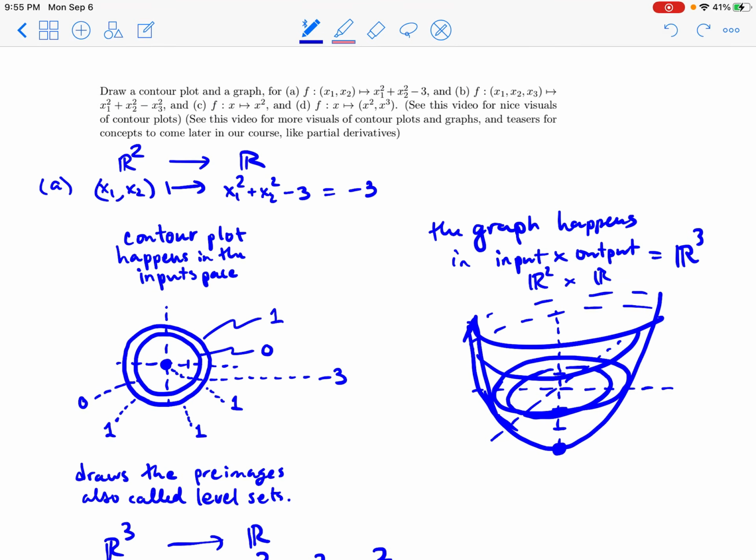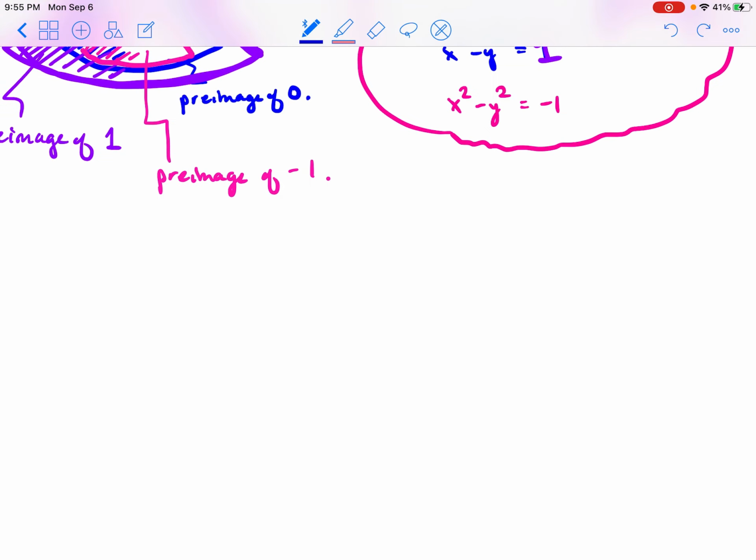Let's do C. C is x goes to x squared. So C, the map x goes to x squared. And that's a map from R to R. And the contour, well, again, contour plots are usually in the plane.